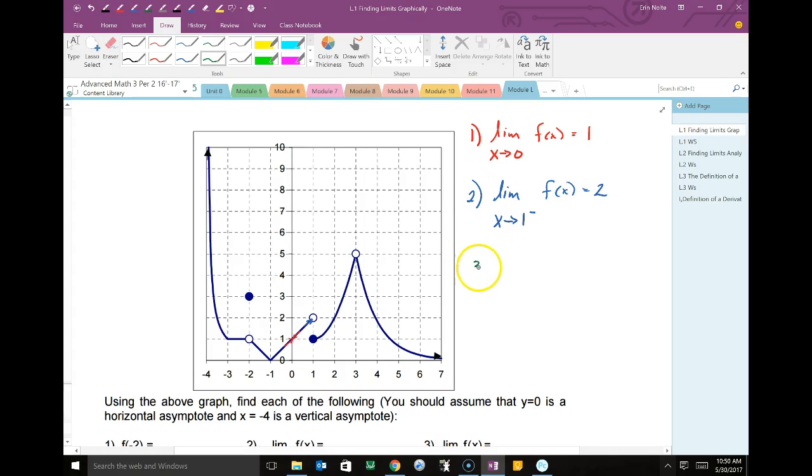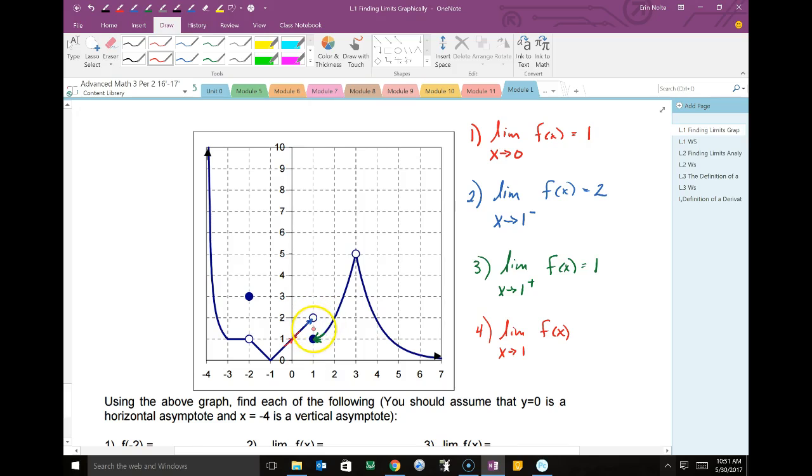What if I ask you, what is the limit as x approaches 1 from the right? Just to the right of 1, infinitely close, we're looking at this spot right here. So that value is 1. So if I combine that and now say, what's the limit as x approaches 1? Are they going to the same place from the left and from the right?